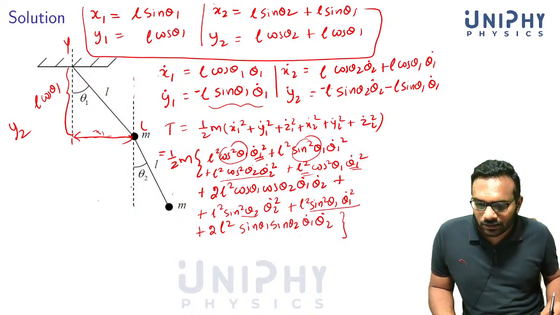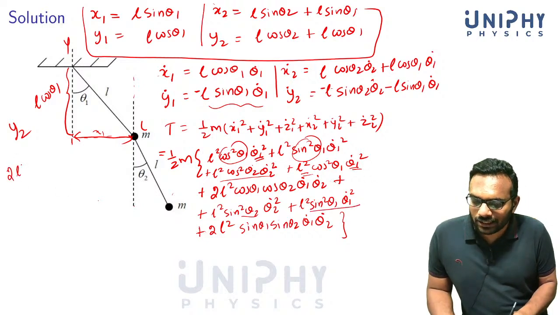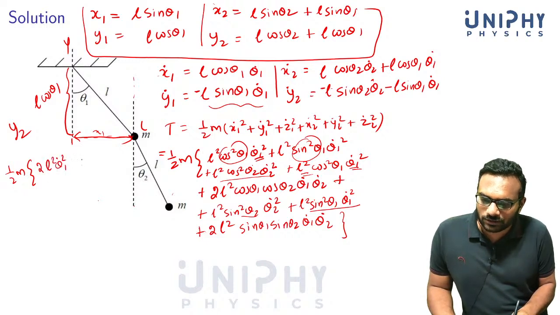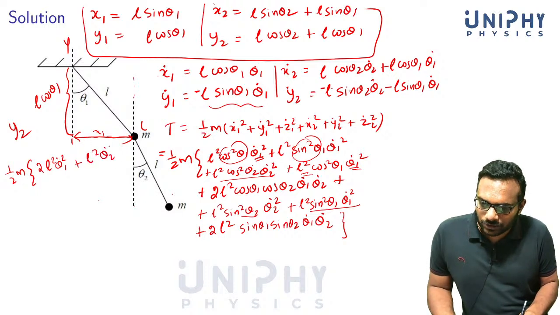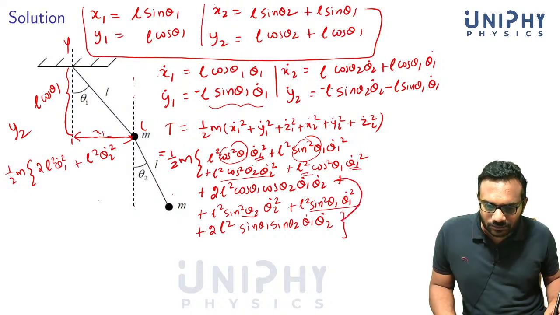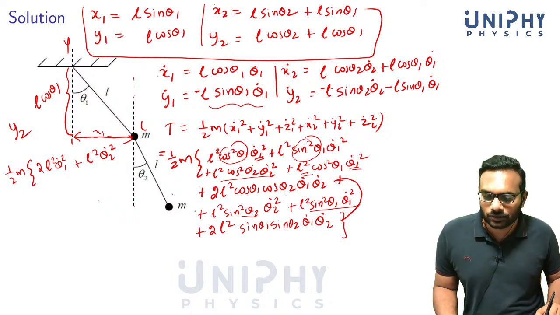So that would be twice L square theta 1 dot square. Half m stays here. So there is this twice L square theta 1 dot square, plus also this once L square theta 2 dot square. Now, in order to combine these terms, if you look at these terms, it is cos theta 1 cos theta 2 plus sin theta 1 sin theta 2.